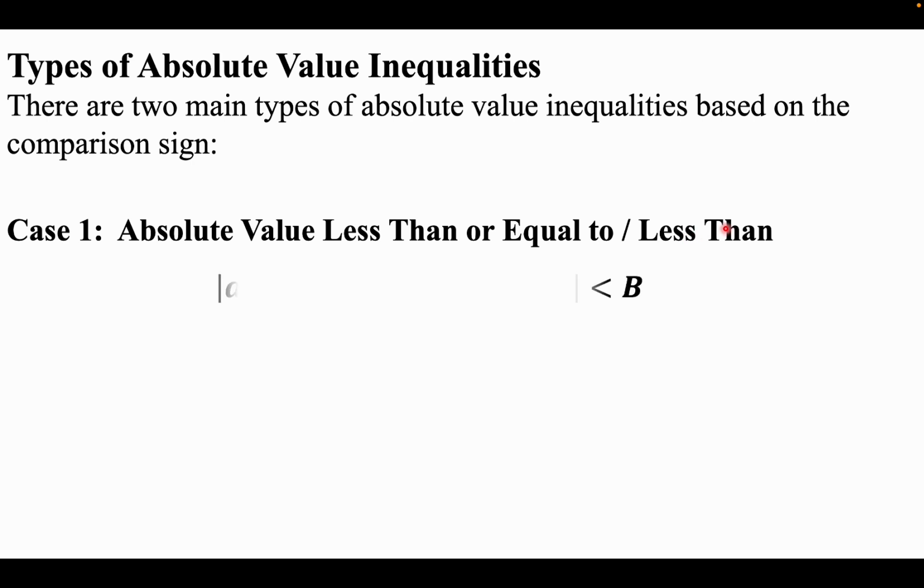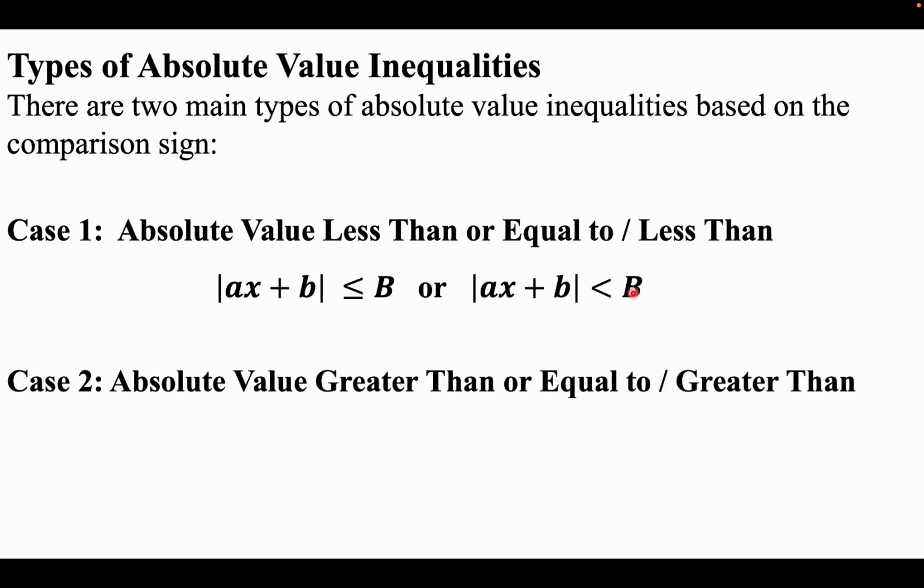And this is what it looks like. If you have an absolute value isolated on one side, and then you have the symbol less than or equal to this positive number b, or the absolute value less than b, where the capital B is just a positive number. B has to be a positive number.